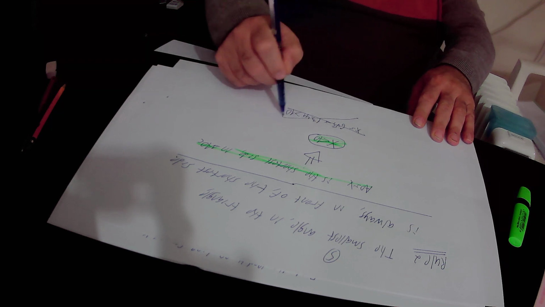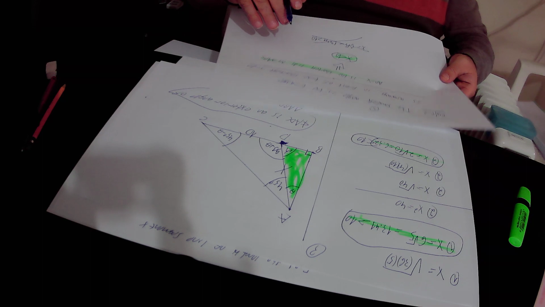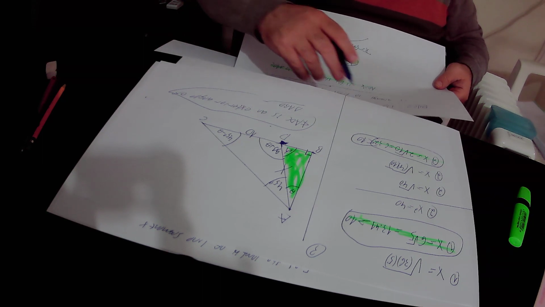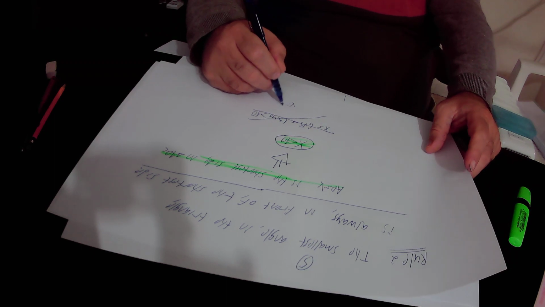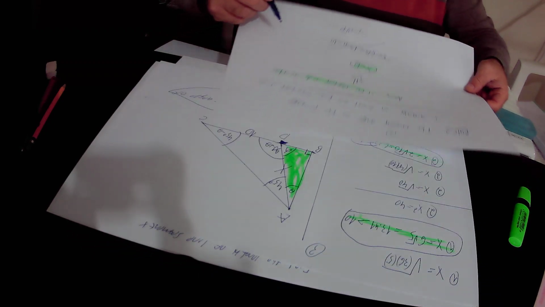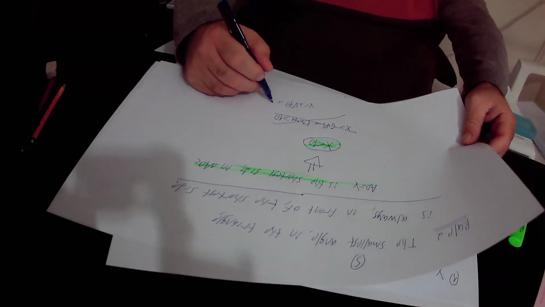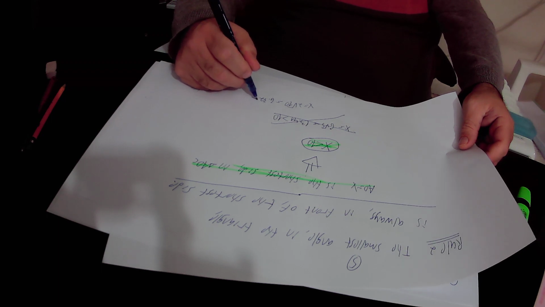We cancel this solution, and we are left only with the solution that x equals 2 times square root of 10. It is actually equal to 6.32 units, that is less than 10.